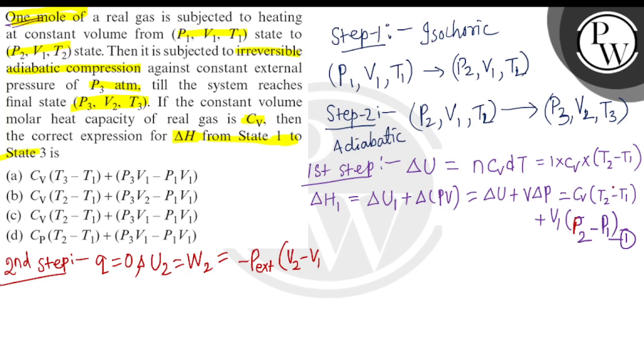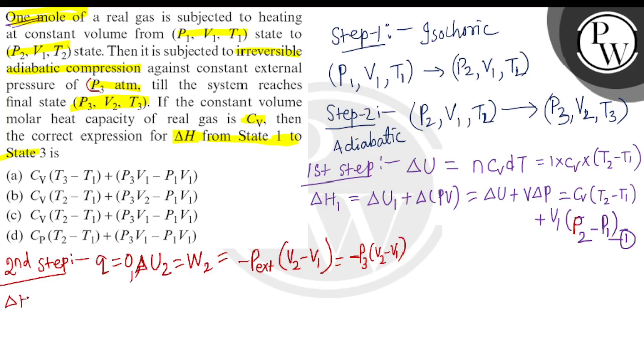Here the final volume is V2 and the initial volume was V1. As it has been said, a constant external pressure of P3 atm has been given, so we can put minus P3 into V2 minus V1. This is the expression for internal energy.